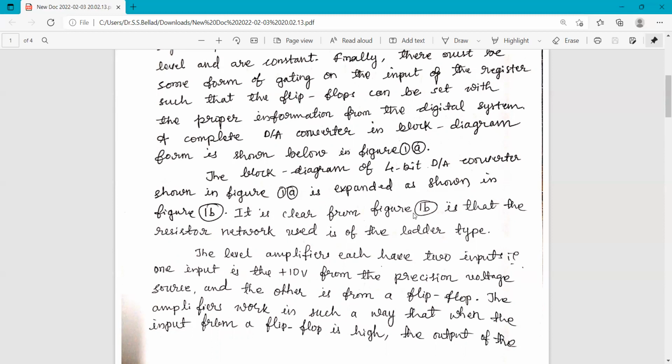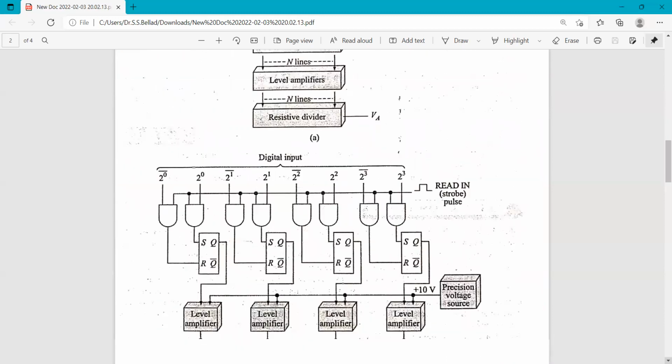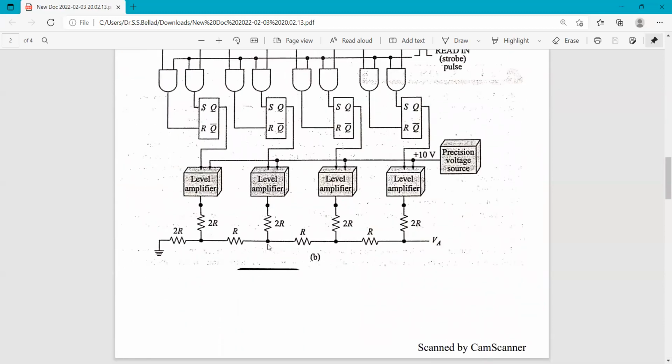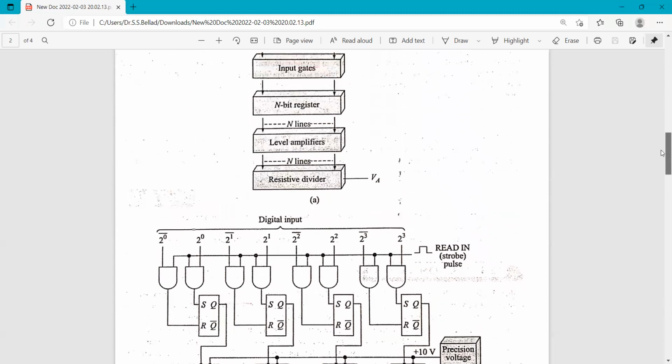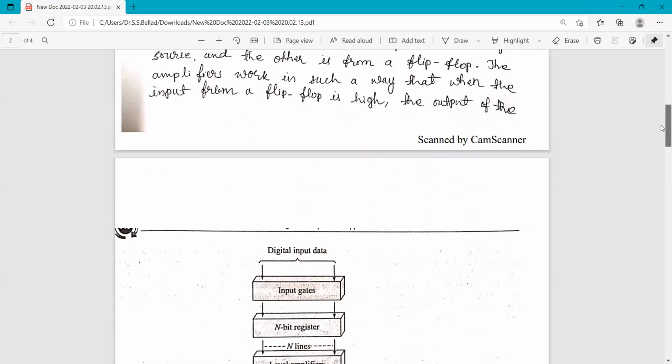It is clear from figure 1B that the resistor network used is of the ladder type. So you can look at figure B. The resistor network used here at the output level of the level amplifiers is an R to 2R type ladder network. However, you can also use a resistor divider circuit. So here the ladder network is used.